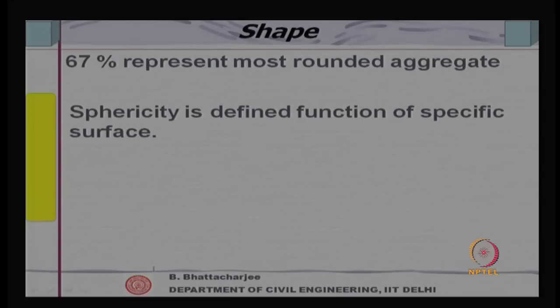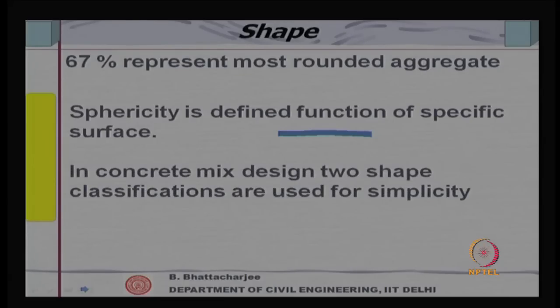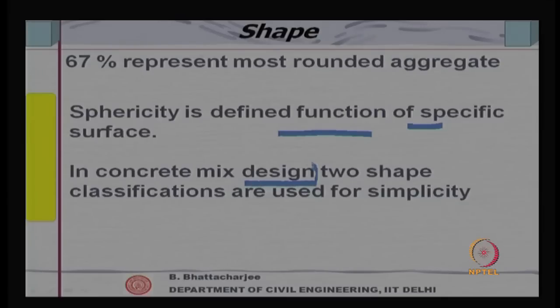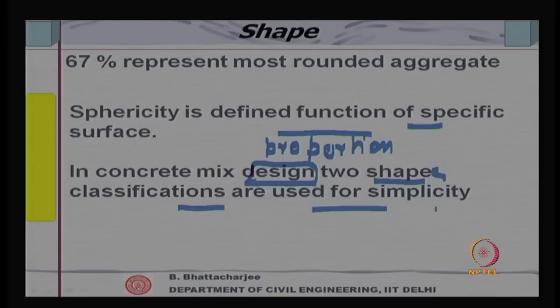Sphericity is defined as a function of specific surface. Let us see how it is defined. I will come to this definition a little later, but for practical usage in concrete mix proportioning, when I want to determine the concrete mix proportion, two shape classifications are used for simplicity.